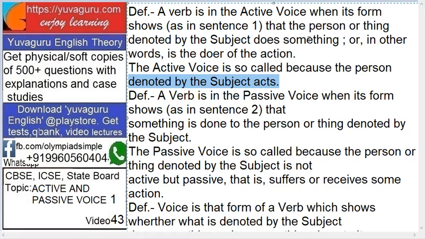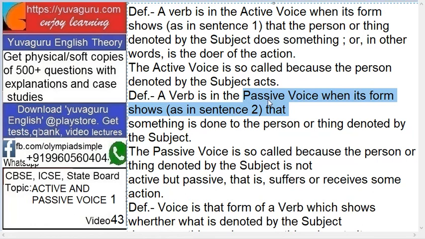So in that case it's called active voice, or in other words the subject is the doer of the action. The active voice is so called because the person denoted by the subject acts, right? Rama helps Hari, Rama is acting. Now passive: a verb is in the passive voice when its form shows that something is done to the person or thing denoted by the subject.